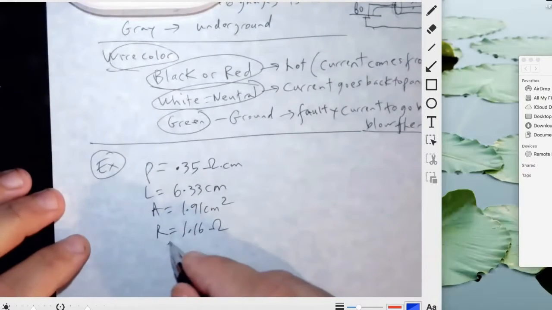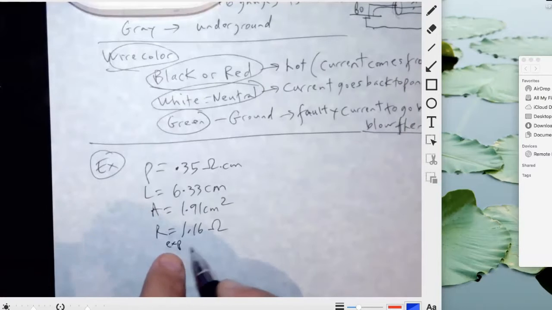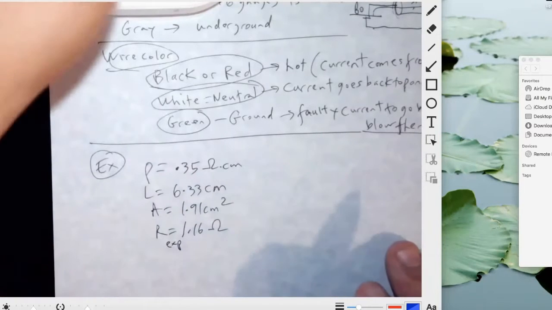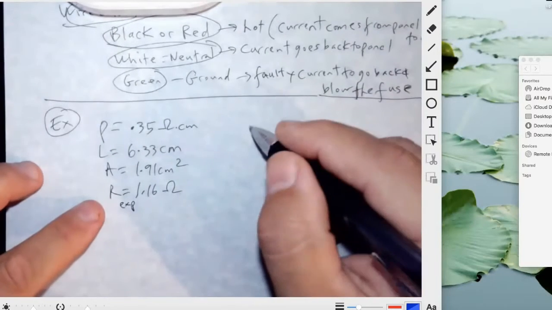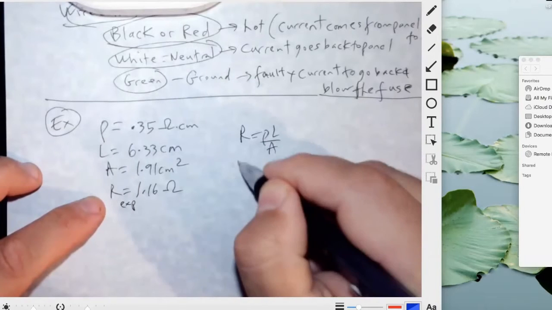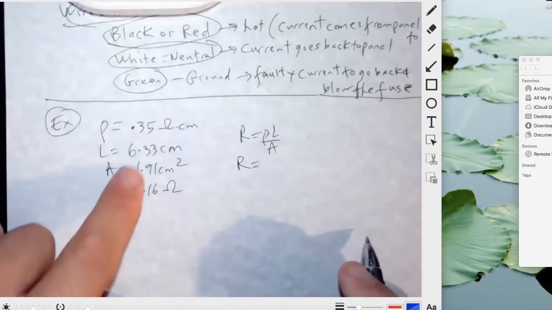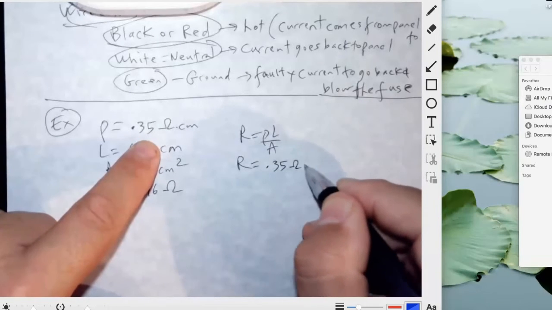So let's calculate it, and we can call this the experimental resistance because it's the one that the simulation gave us, right? So from our equation, R is rho L over A, and then rho is going to be what? 0.35 ohm centimeter.